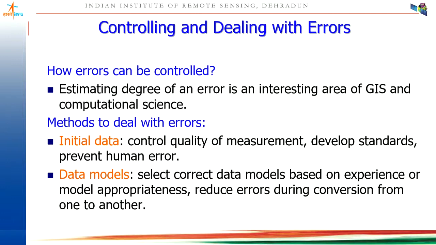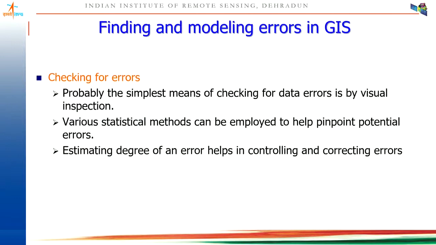One is the initial data: control the quality of measurements, develop standards for your data, and prevent human error by giving proper training and skills to the person who is going to be involved in the data creation or mapping activities. The data model is another important step here. Which data model you choose for your project also matters, as it determines what kind of data quality there will be in your GIS data sets.